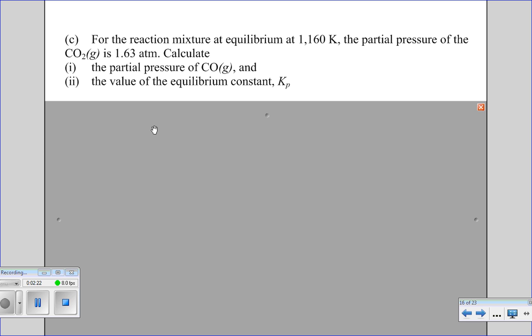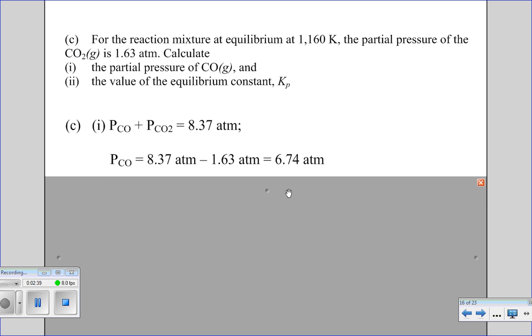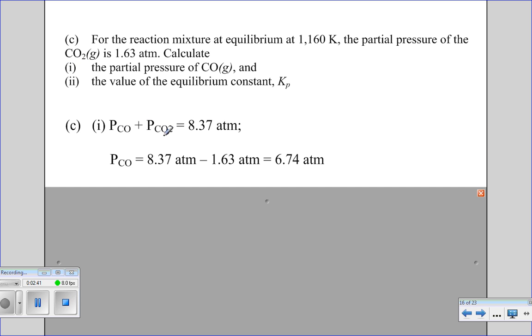Then we need to think about it at equilibrium. We've got the partial pressure of CO2 now, so we need to find the partial pressure of carbon monoxide and the value of the equilibrium constant. To get the pressure of carbon monoxide, the total pressure, which is 8.37 from the table, has to be the sum of the two partial pressures.